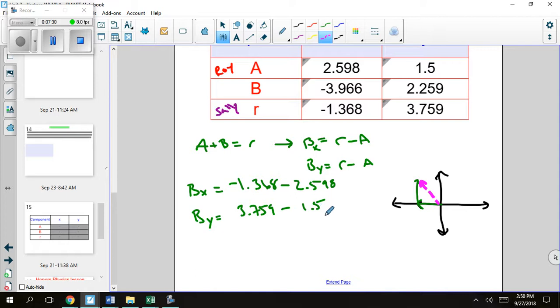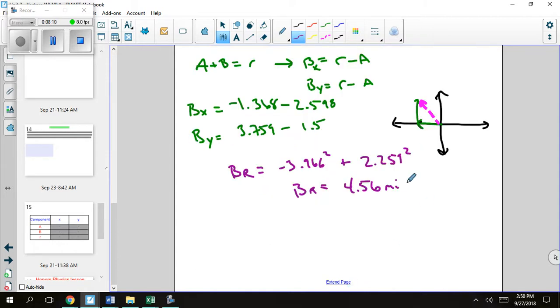Alright, that is our B resultant. So go back to the Pythagorean theorem, and we can take our negative 3.966 squared plus 2.259 squared, and R should equal 4.56 miles.